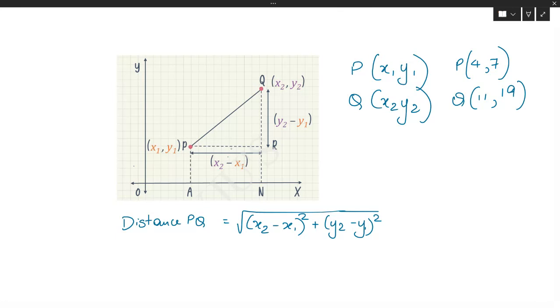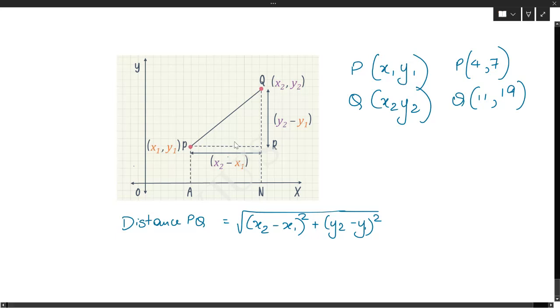Definitely, yes. x2 minus x1 the whole square plus y2 minus y1. So y1 is the y coordinate of P, and y2 is the y coordinate of Q. The distance formula is very easy. We can find any distance between any two points in a Cartesian plane.